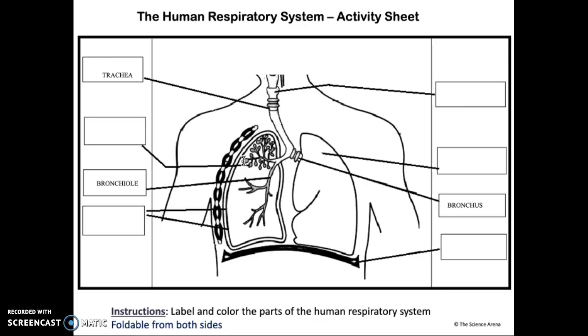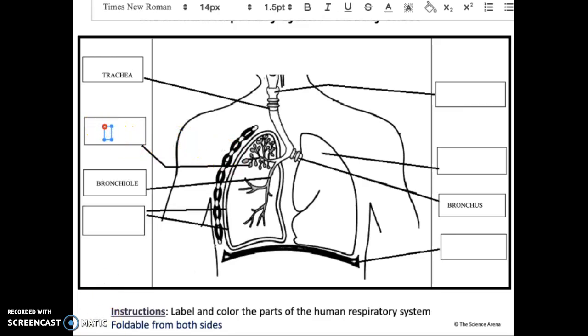So this is where the actual exchange process takes place. What that means is that oxygen enters the blood and carbon dioxide is removed out of the blood cells. And these gases exchange by a process called diffusion that we've already learned about. Remember, diffusion is when the movement of molecules takes place in and out of the cell. So this is the alveoli.